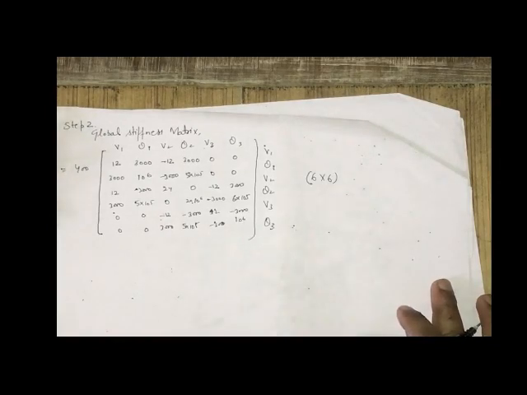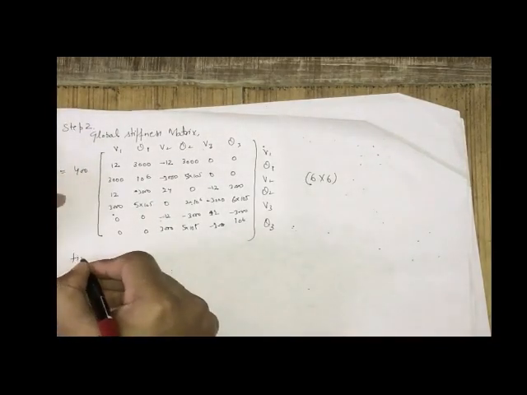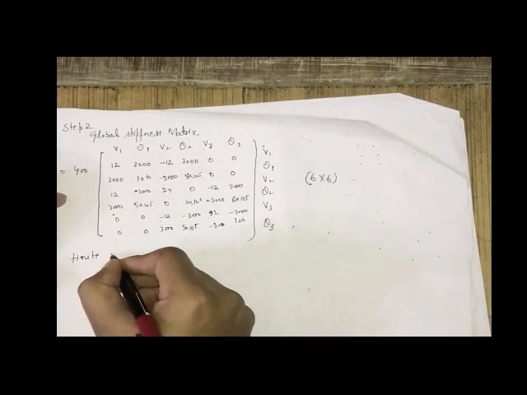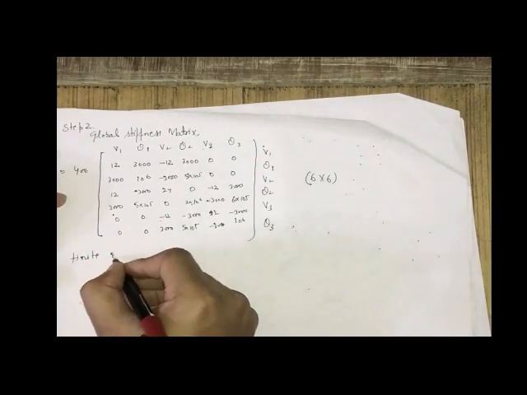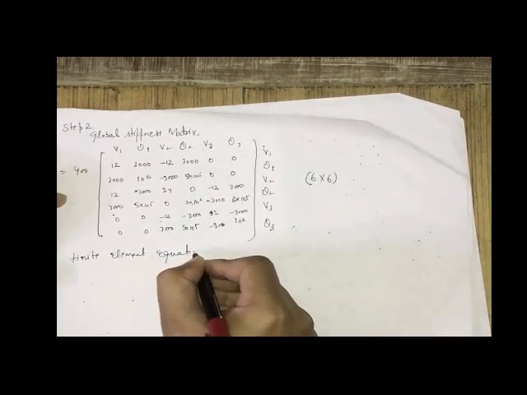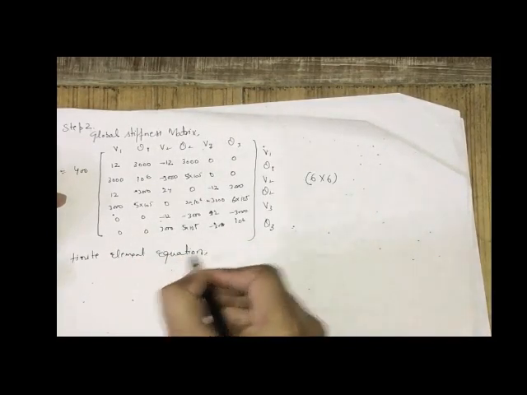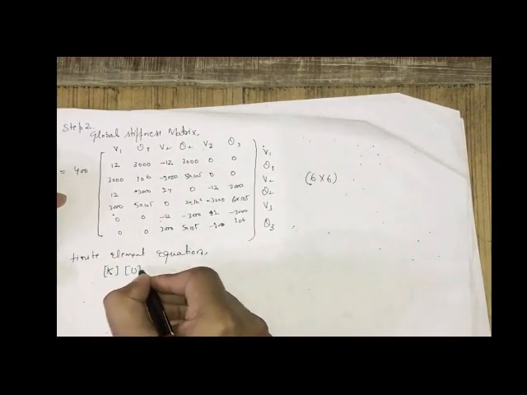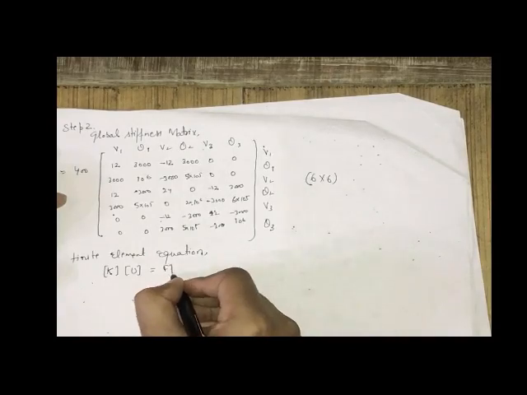So next we need to calculate the finite element equation. So here it is k, that is, ku is equal to f.